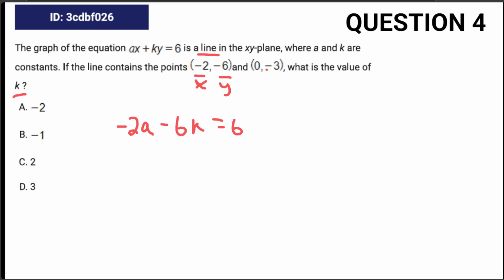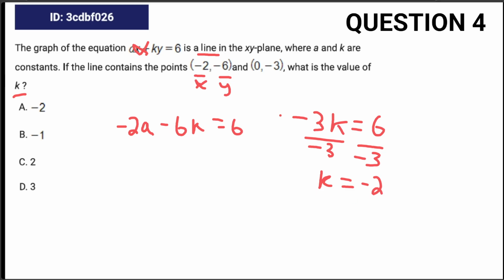And then we also can plug this one in. 0 in for x would make 0 times a 0, so we can just ignore that. And then we can plug -3 in for y, and we're left with -3k equals 6. Divide by -3, k equals -2, which happens to be our answer.